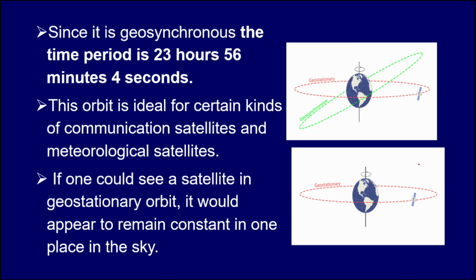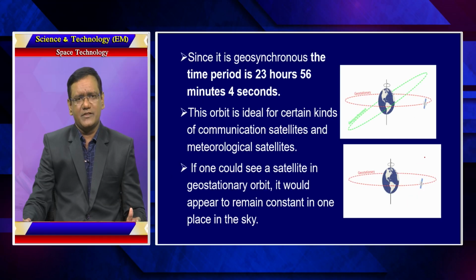This orbit is ideal for certain kinds of communication satellites or meteorological satellites. For communication, the satellite takes the signal from the Earth and then sends the signal to the Earth again. For this function, it should appear constant from the Earth.